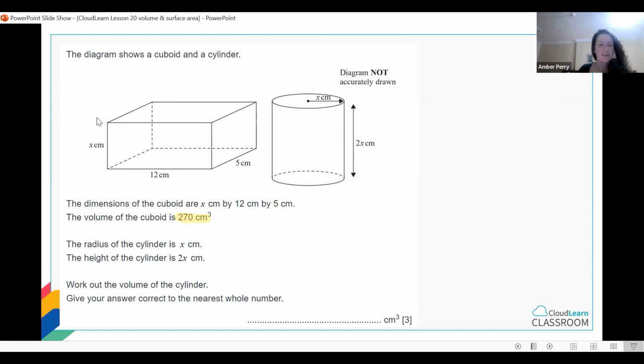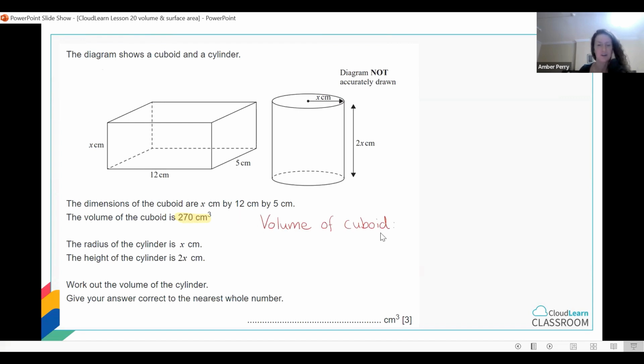So let's put the information into a little equation. I love to make equations, okay? So the equation, the volume of the cuboid is 270 centimeters cubed. How am I going to find the volume of that cuboid? Well, it's going to be depth times width times height, so x times 12 times 5.